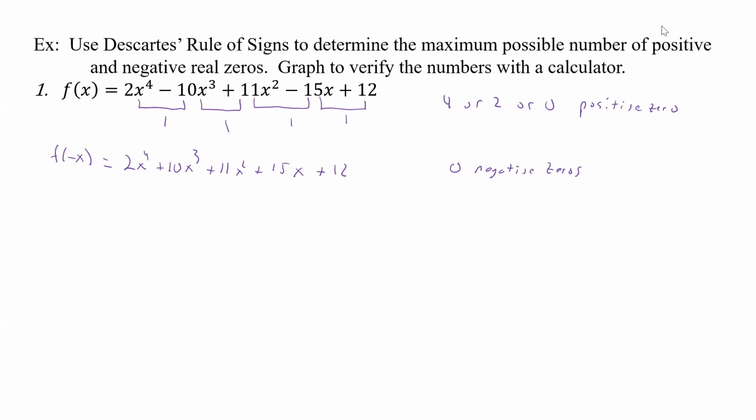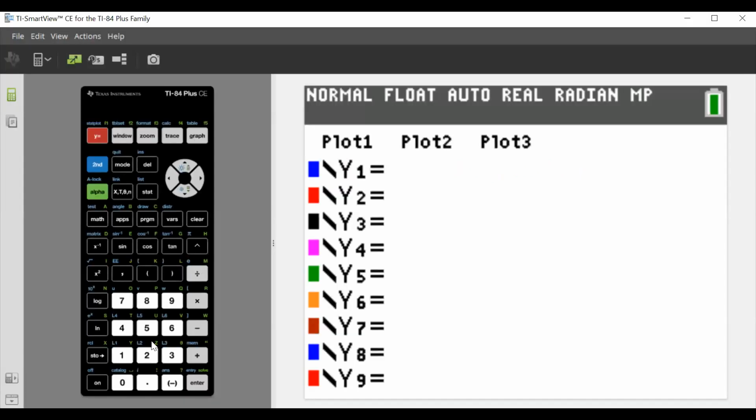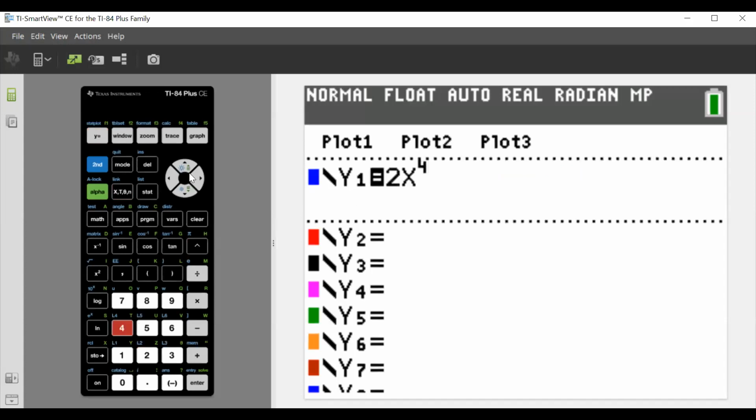And let's go to our TI. So now what we have is 2x to the fourth, and then minus 10x cubed, and then plus 11x squared. Oops, where'd my plus go?